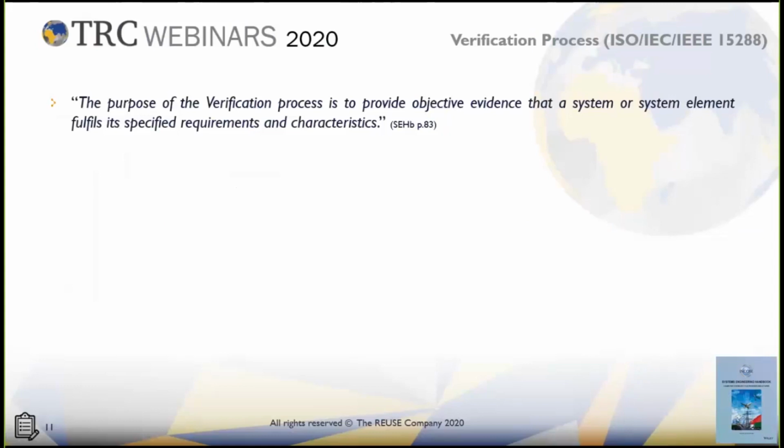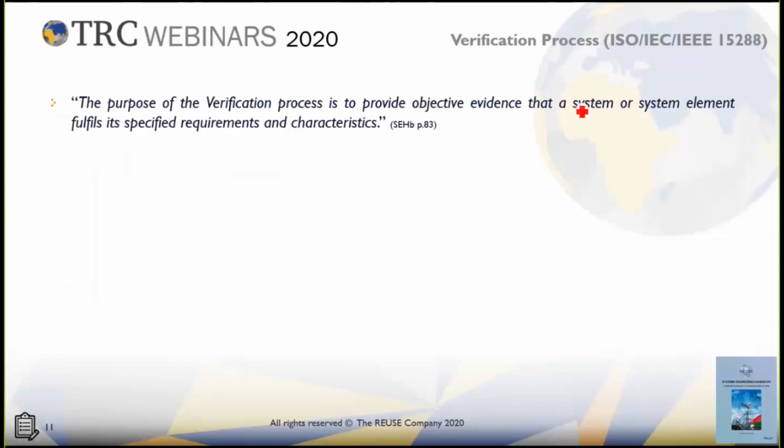I would like to read a little bit about the different definitions that exist in the standards and the handbook, particularly, as well as in the body of knowledge in some cases. So, the purpose of the verification process is to provide objective evidence that a system or system element fulfills its specified requirements and characteristics.